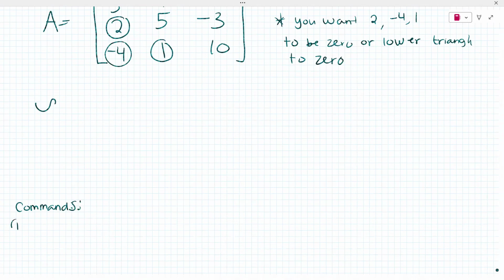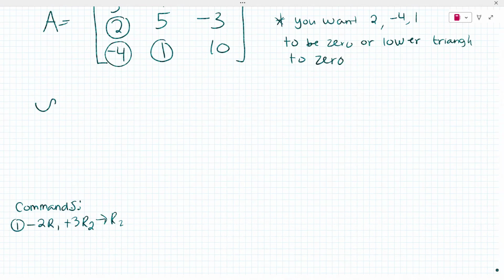So the first command, or the first row operation, is I'm going to multiply row 1 by -2 and add 3 times row 2, and that will give you the new row 2. You could do it all at once, or one by one. It doesn't really matter, as long as it doesn't leave you confused. Some people could do it all at once.